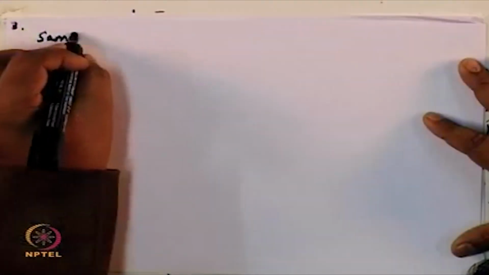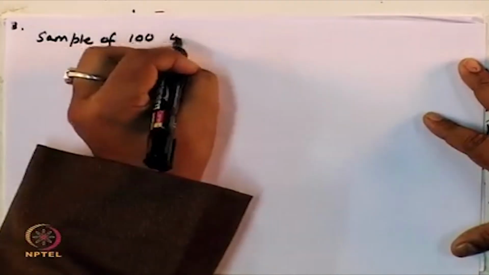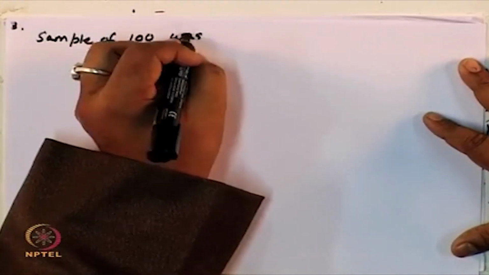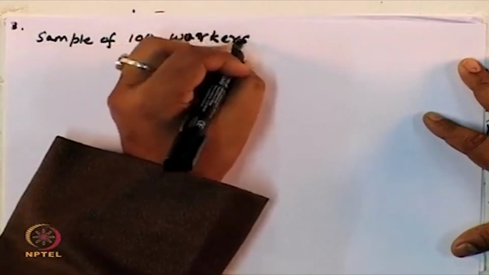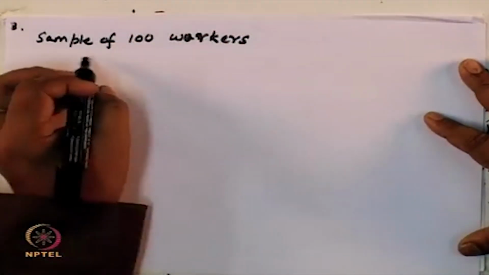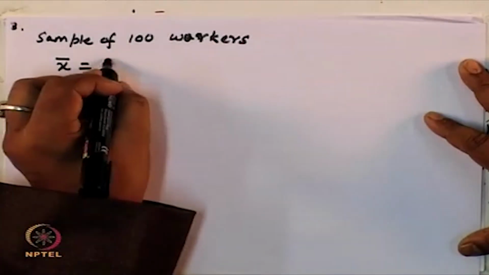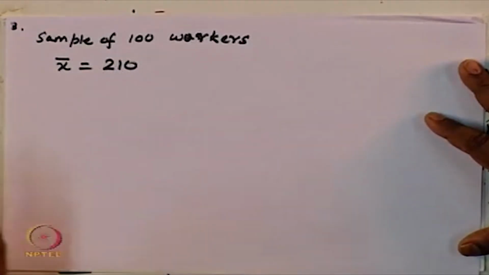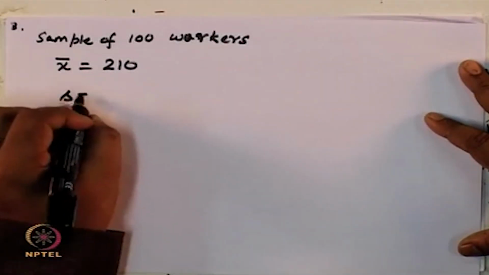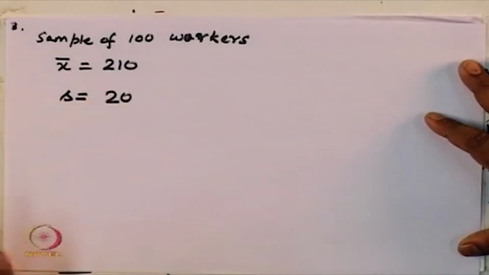Let us get back to the earlier example of national average versus local average. Now, let us say there was a sample of 100 wage earners, 100 workers, which provided x bar equal to 210 and S equal to 20.